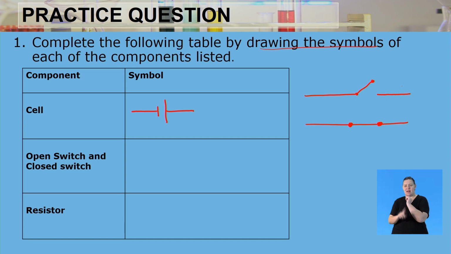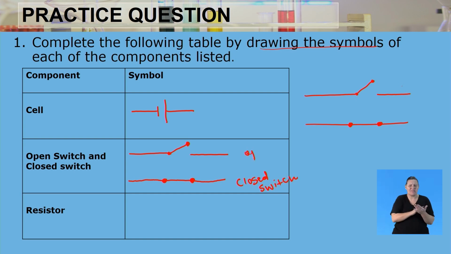So if it's an open switch, we have a disconnection between the two wires. And if it's a closed switch, the wires are going to be connected to each other. So this is our closed switch, and this is our open switch.